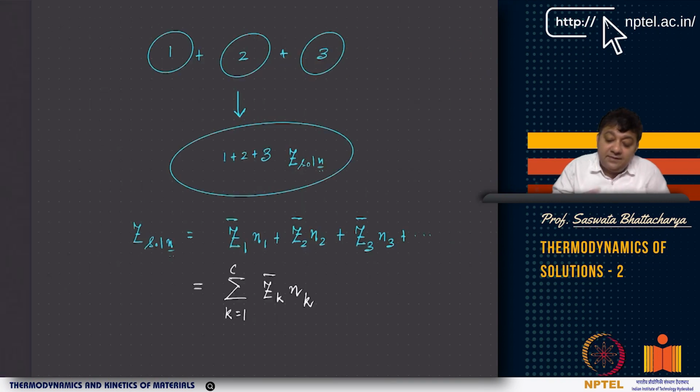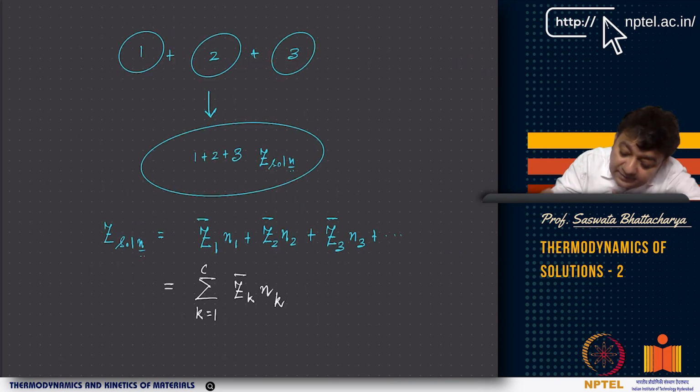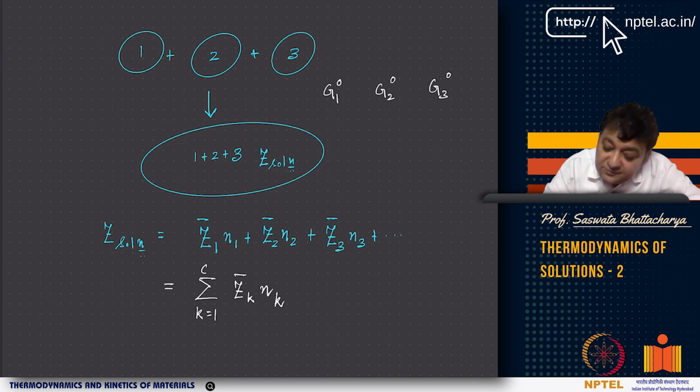So basically, if you think this way, you have, say, components 1, 2 and 3, and initially you had G10, the energy of component 1 in the standard state before mixing, and then you had G20 and G30. These were the free energies of components 1, 2 and 3 before mixing.